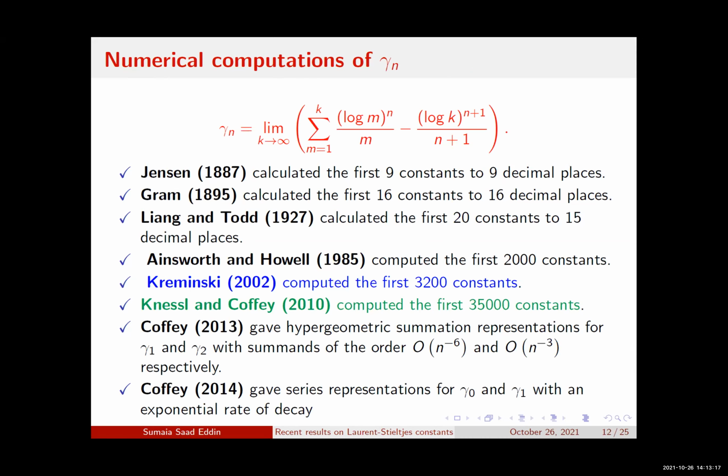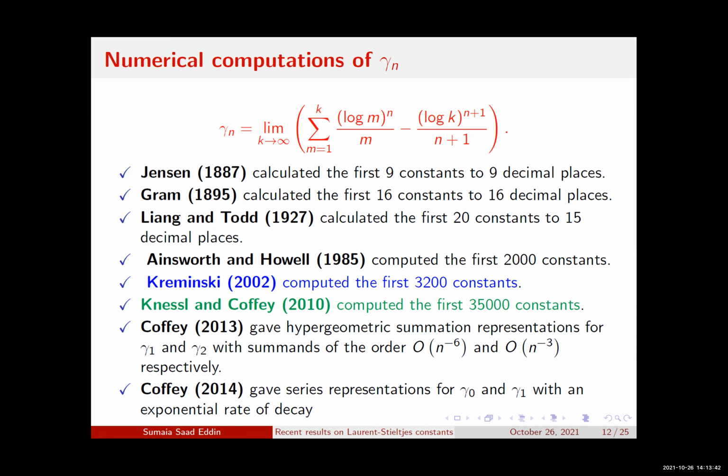So the third question we can ask is, what about the numerical evaluation of gamma n? What can we say about the numerical part of gamma n? Actually, this problem has been addressed by a number of authors.